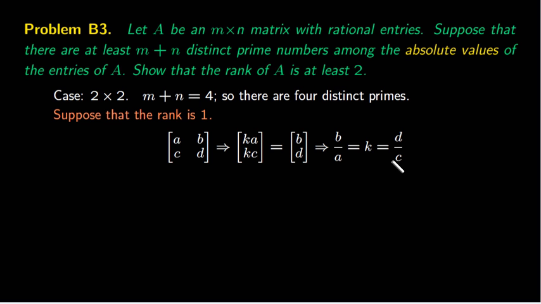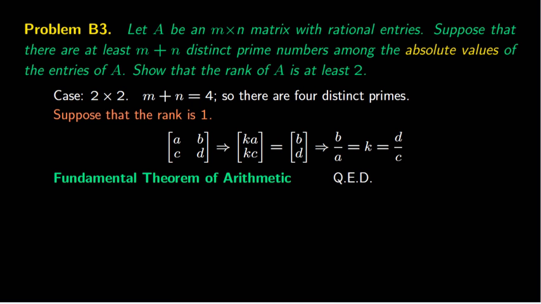Knowing that these two quotients of fractions are in the lowest form already, and these are all prime numbers, by the fundamental theorem of arithmetic, these should appear exactly the same. So b must be d, a must be c. There's no other way to write a fraction in lowest terms.